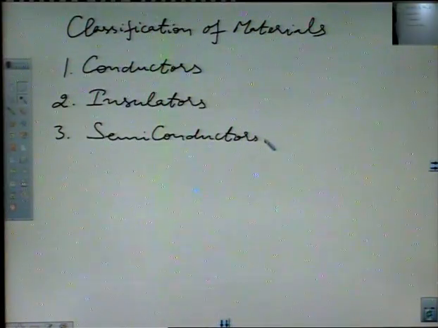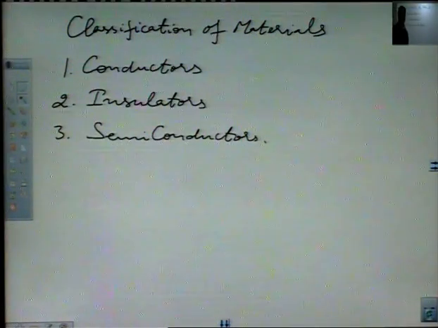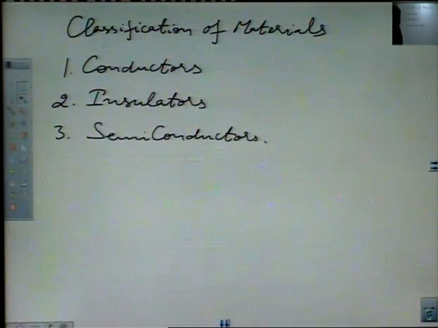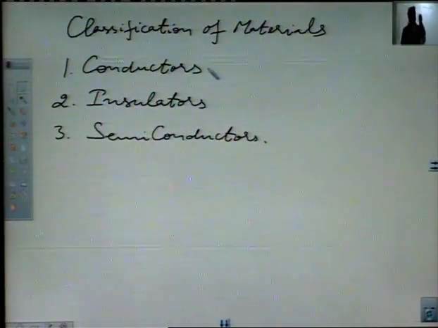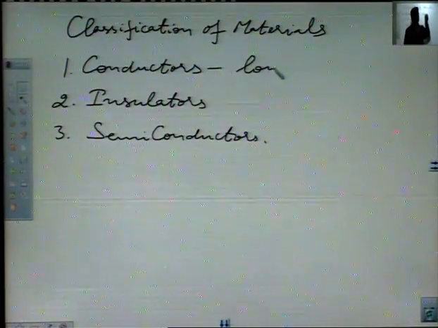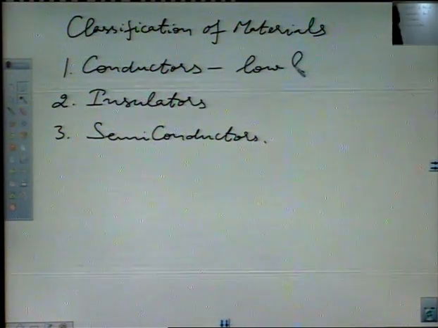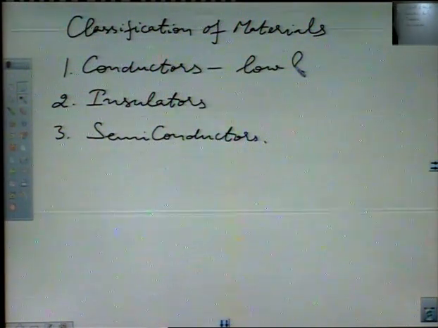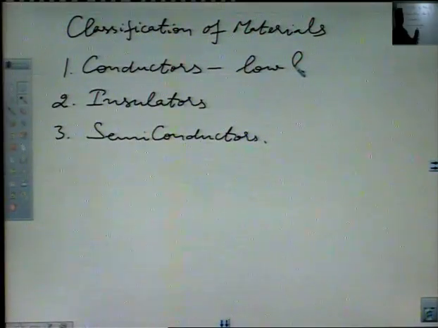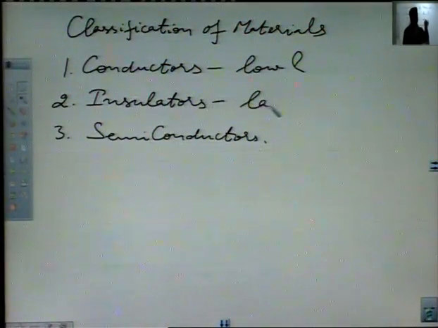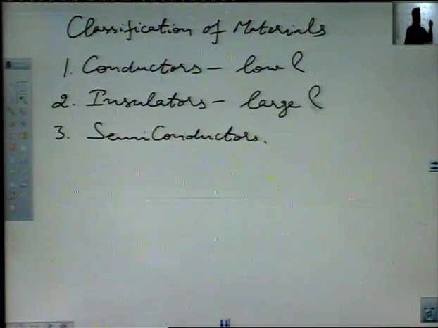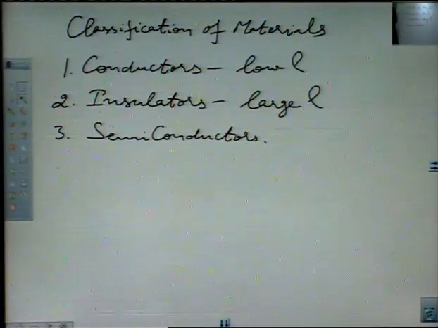So, these are 3 classifications of materials depending upon the value of resistance. For those materials which have got very low value of resistivity, they are called conductors, and those materials which have got very large value of resistivity, they are called insulators.